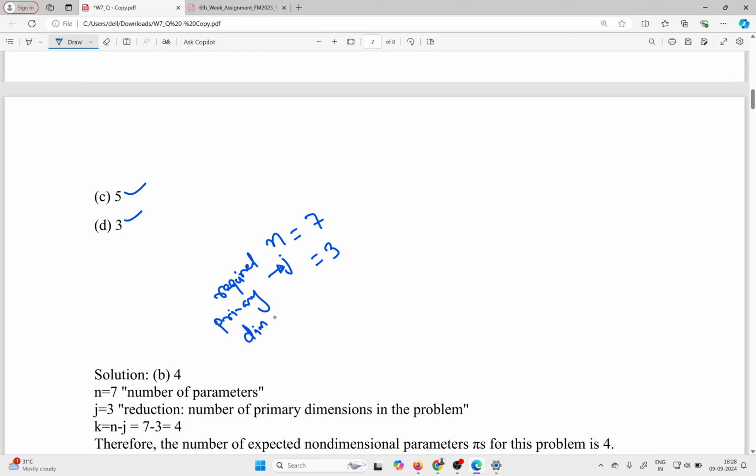When you look at the procedure for how to solve this type of problem through the Buckingham pi theorem, you will easily get what the use of primary dimensions is and what the use of pi's is.